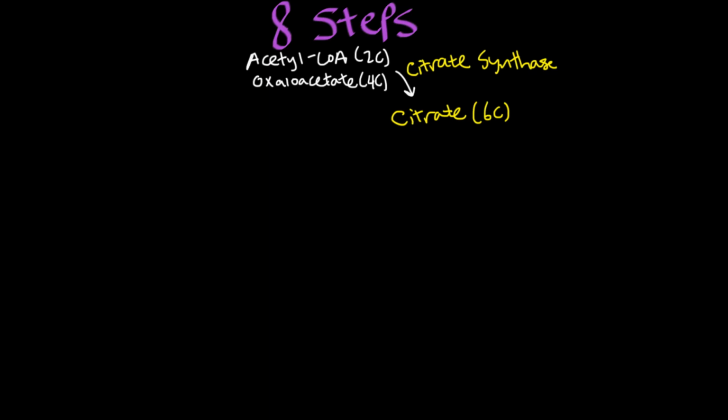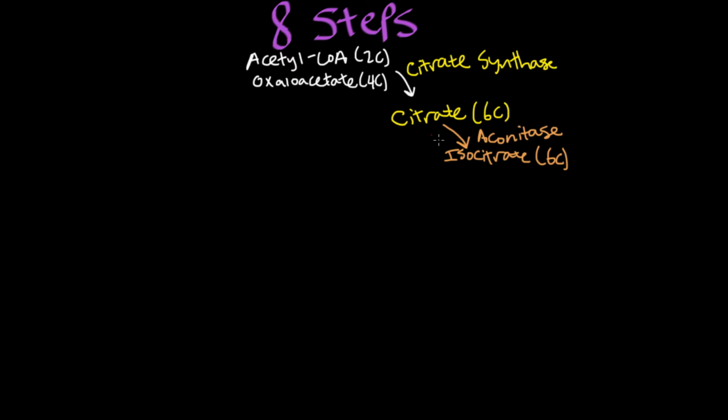Now, moving on to step 2, we have citrate being converted into isocitrate. And this is also a 6-carbon compound. And this is catalyzed by an enzyme known as aconitase. Moving on to step 3.